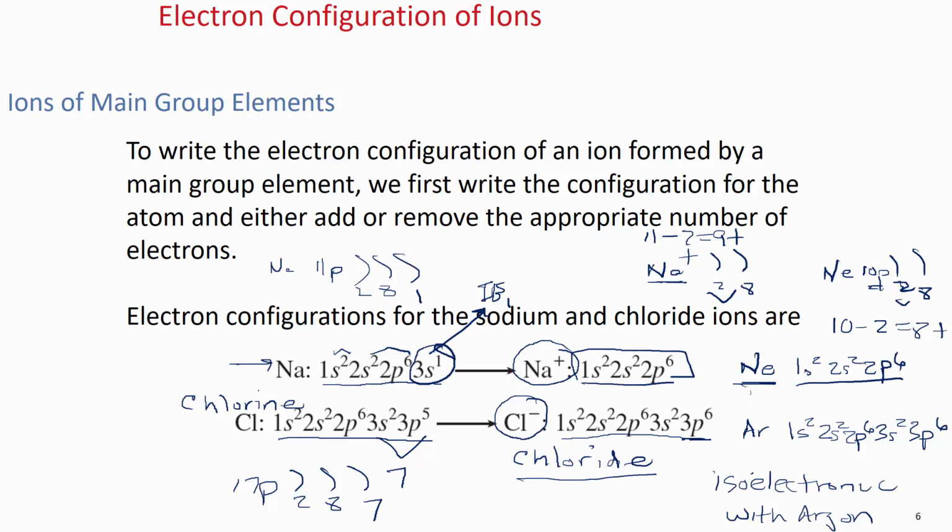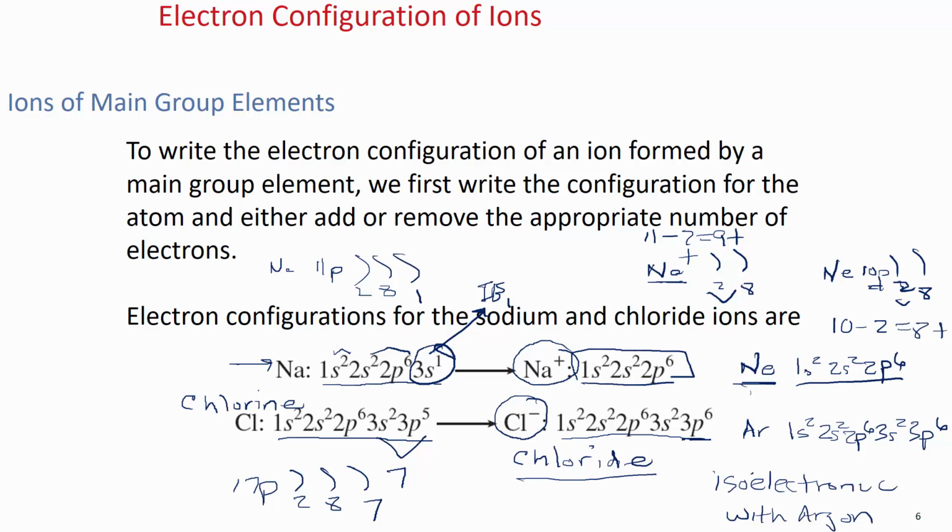That's going to help you compare ion sizes to neutral atom sizes, because if both are isoelectronic with, like, argon, or both are isoelectronic with neon, then I can definitely compare the size of those two based on what the charge is on the ion. So that's where we're going with this.